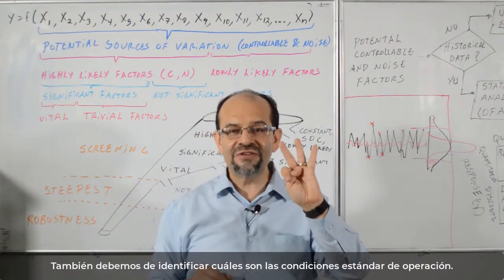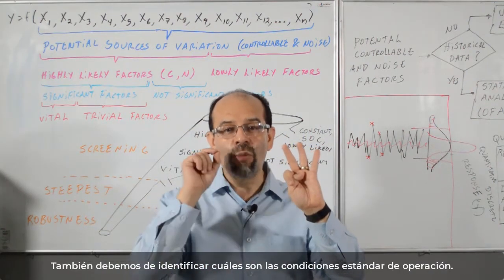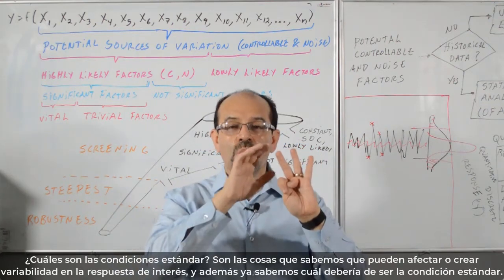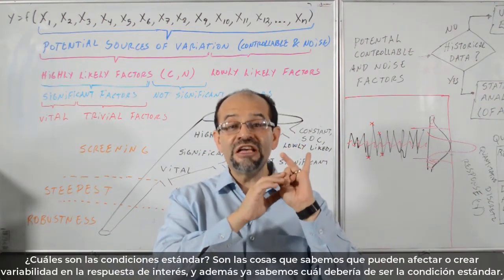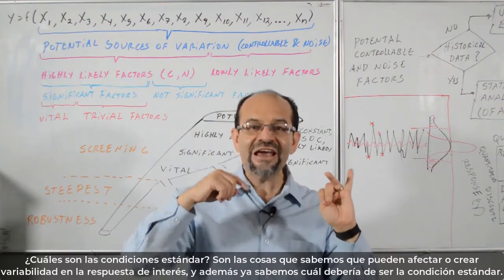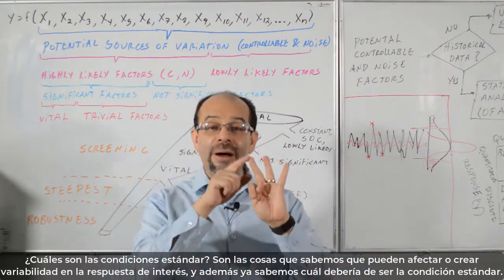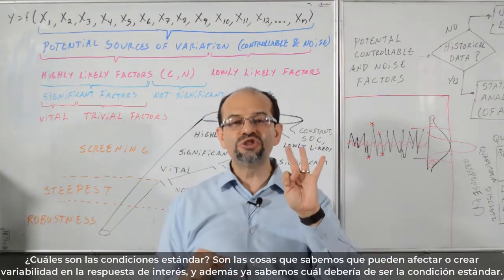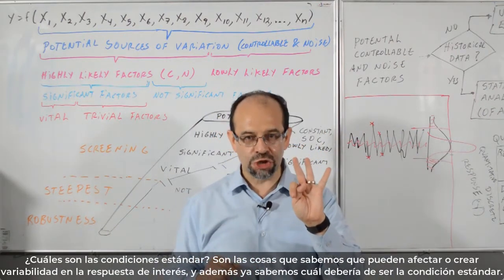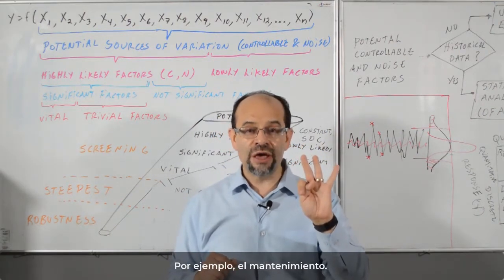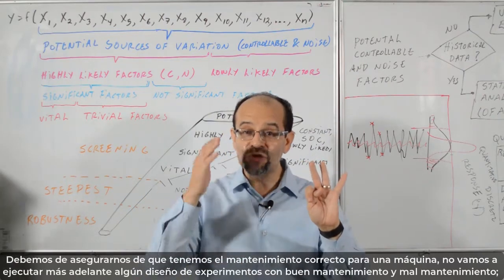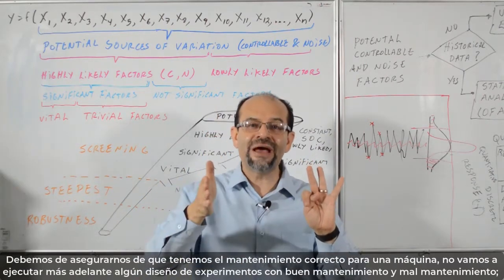Also, we have to identify which are the standard operating conditions. These are things that we know may affect our response, may create variability in our response, but we already know what the standard condition should be. For instance, maintenance. We have to make sure that we are having the correct maintenance on the machine.